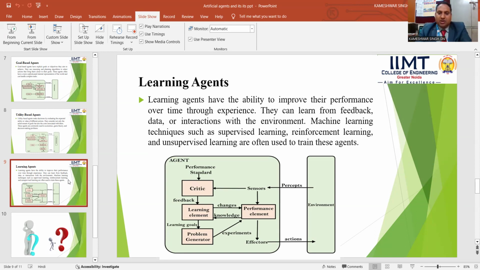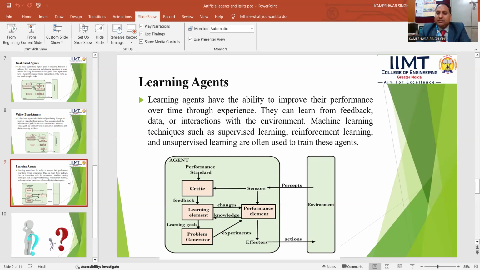What is the performance element? It already knows about the situations and what it can perform at this time. It is mentioned in the performance elements through the problem generator.